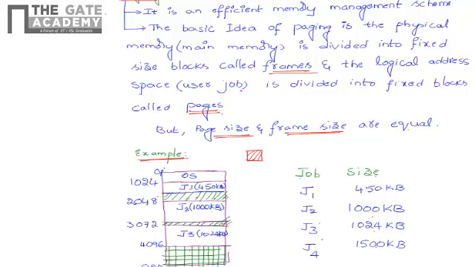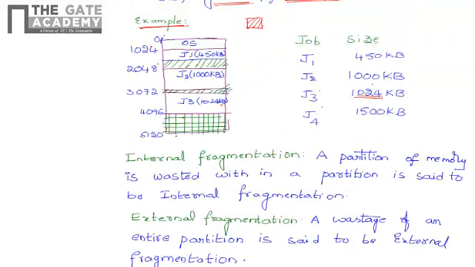J3 is 1024 KB, it is completed because the size of the job and the size of the partition are equal. The remaining part is 1024, but J4 requires 1500 KB, which does not fit in this portion. So from this, some portion of each partition is not used. It is nothing but internal fragmentation.